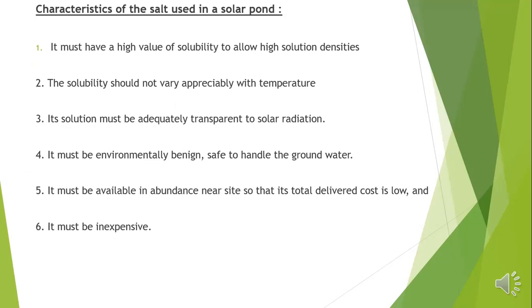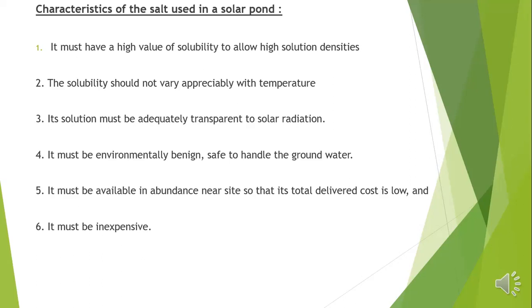The particular salt used in the solar pond should have some characteristics for creating a density gradient. We will see those characteristics. First, it must have a high value of solubility.